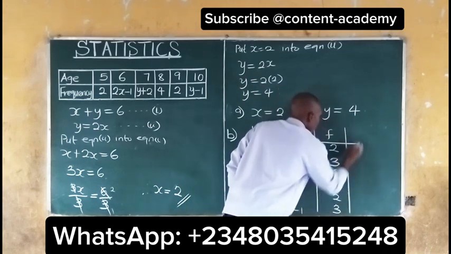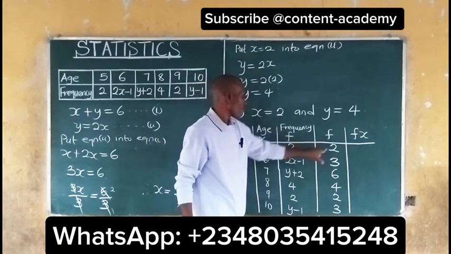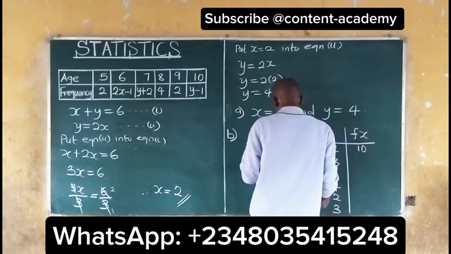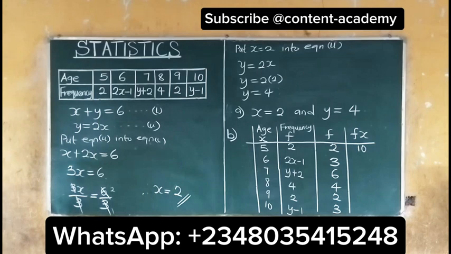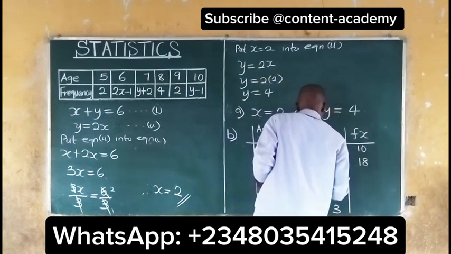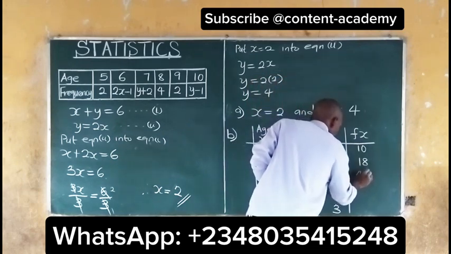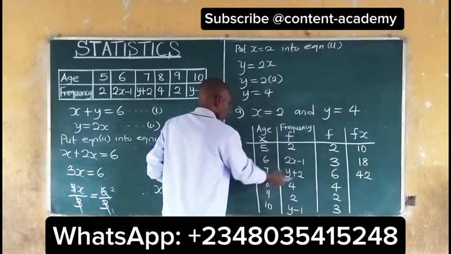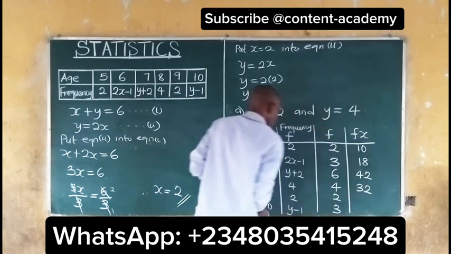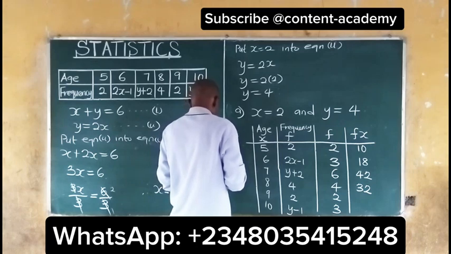We can rule again and find f of x. F of x is x times f, that means f times x, whichever way. 5 times 2 is 10. 6 times 3 is 18. 7 multiplied by 6 is 42. 8 multiplied by 4 is 32. 9 multiplied by 2 is 18.